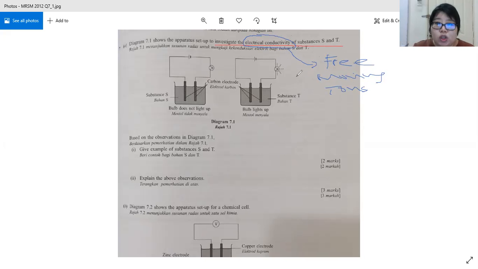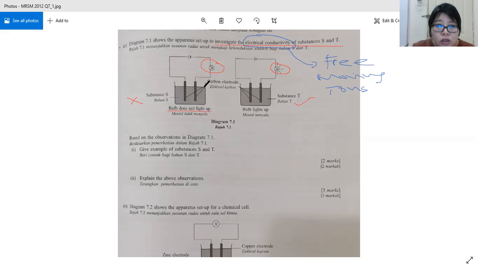Now we look at the picture. Can you see this part? Look at the bulb. The bulb is the part which shows you whether a substance can conduct electricity or not. Okay, now in this substance S, it is shown that the bulb does not light up. For substance T, the bulb lights up, meaning to say the substance S does not conduct electricity, but the substance T can conduct electricity.